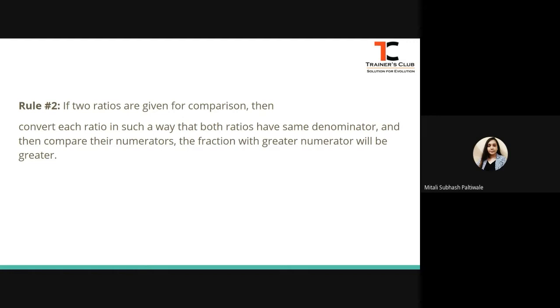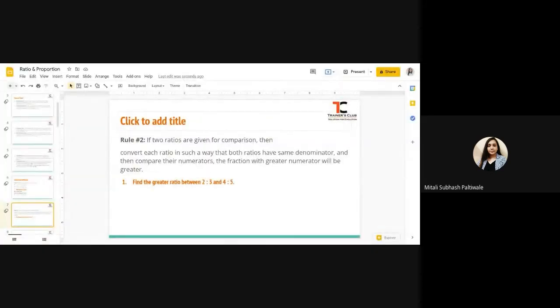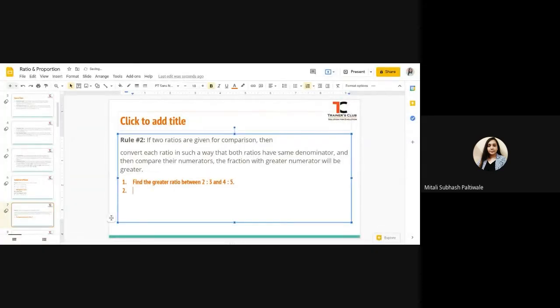What you need to do is equalize the denominators, and compare their numerators. Whatever fraction will have a greater numerator will be the greater ratio, and whatever fraction will have a lesser numerator will be the lesser ratio. Okay, so let's try an example of it. Here is the example, and let me just put it down and let's just start.